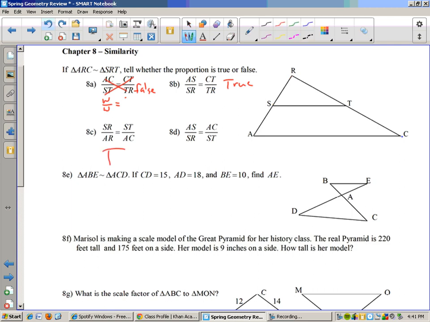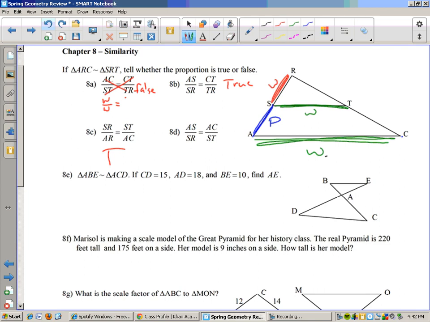And then finally, let's look at AS. AS, which is a part, to SR, which is a whole. Okay, SR is a whole. And then AC, which is a whole, to ST, which is a whole. I'm already seeing something I'm worried about.